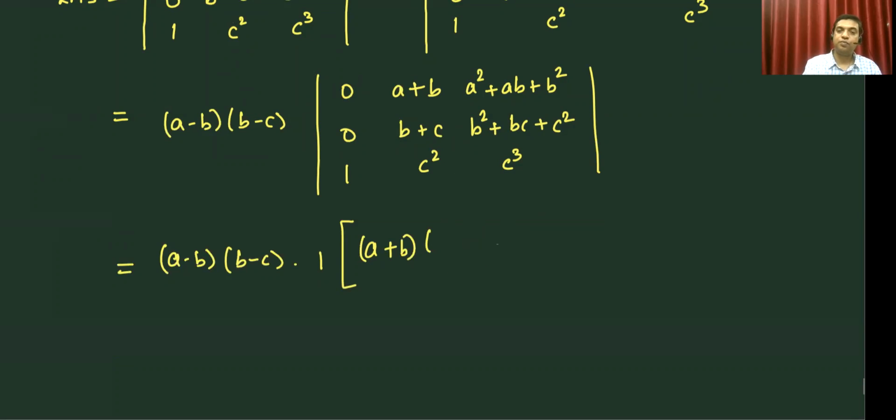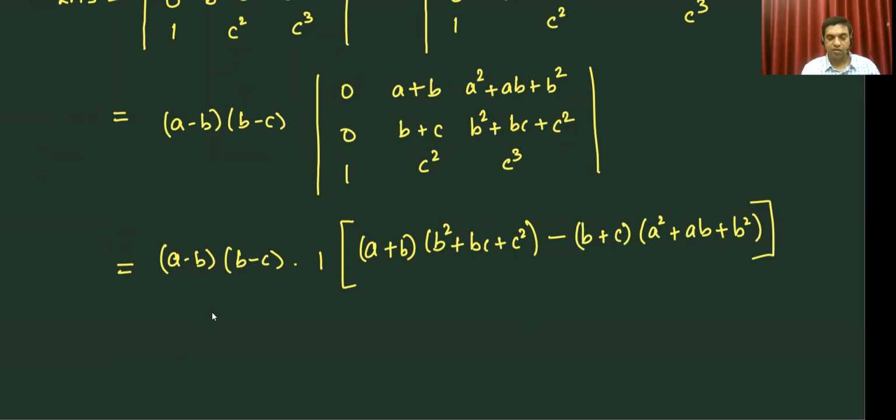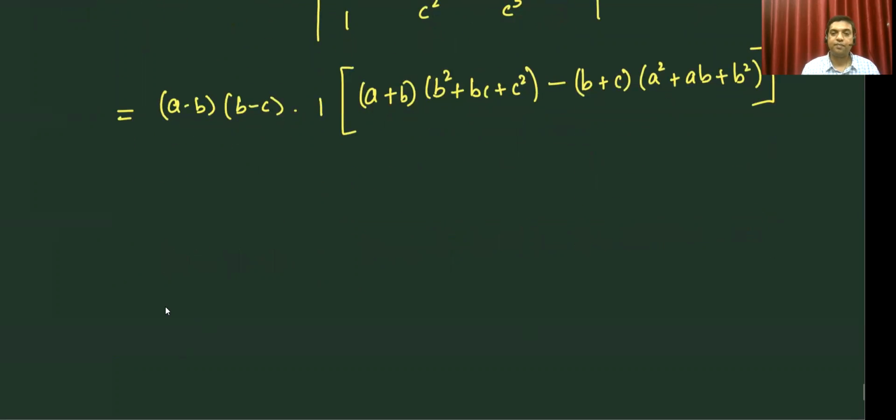A plus b into b square plus bc plus c square minus b plus c into a square plus ab plus b square. Okay. So you have a minus b into b minus c.